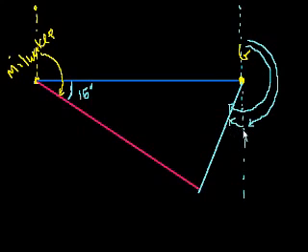So that's going to be 15 degrees. And if this angle is 15 degrees, what is this angle going to be? Well, this entire angle is 90 degrees, the third quadrant in unit circle terms. So this angle right here is going to be 90 minus this 15 degrees. So what's 90 minus 15? It's 75 degrees.